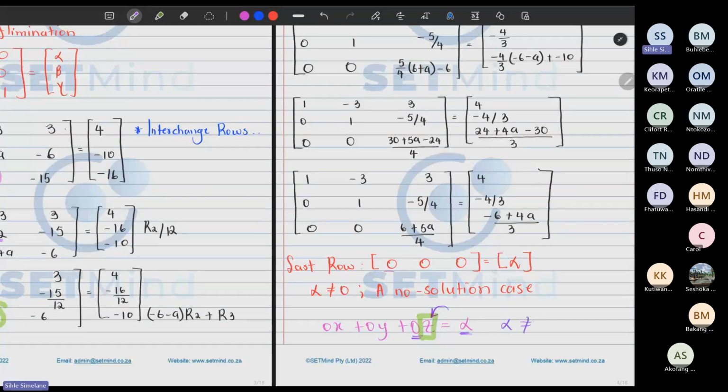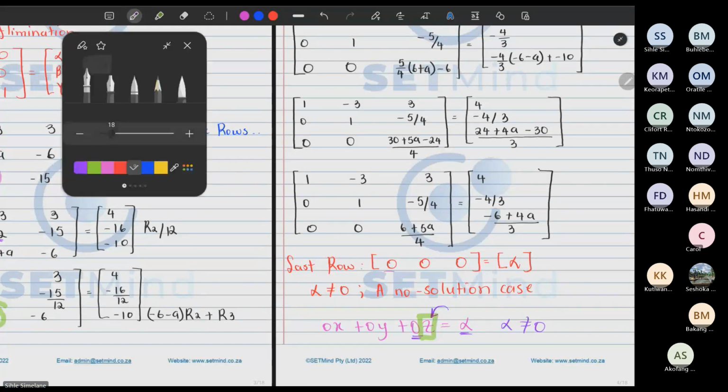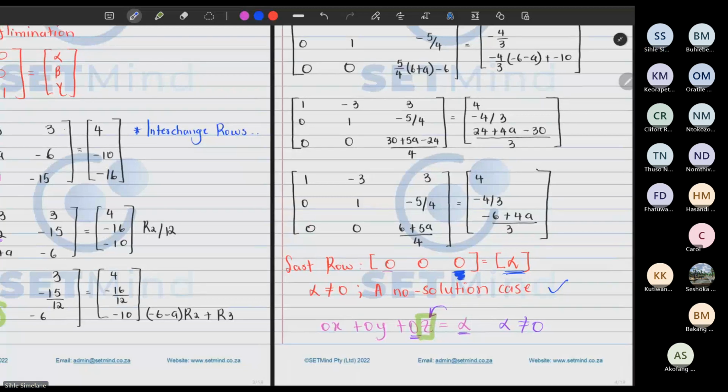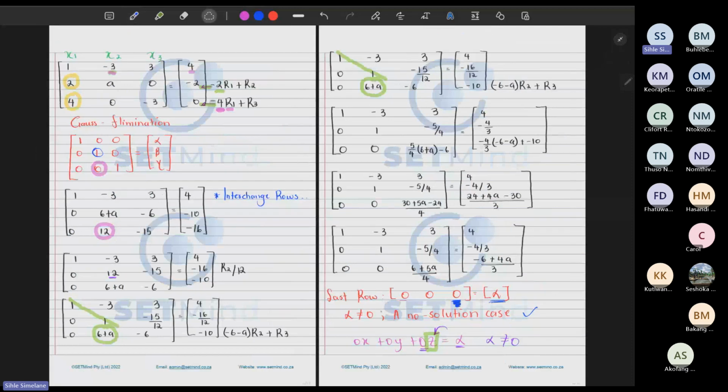So that's why when you are trying to achieve a no solution case, you make this part here to be 0, but make sure that one doesn't become 0. Then that would be a no solution case. And then when we want to have an infinitely many solution case, copy the last row again.